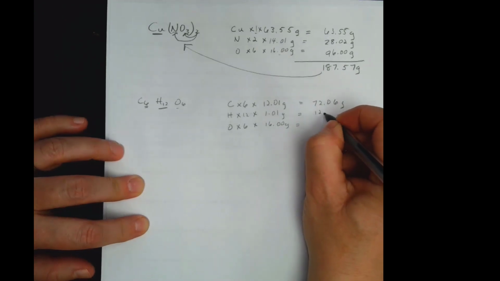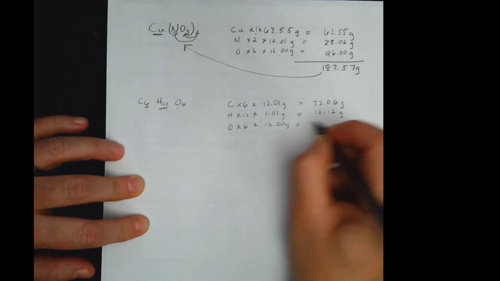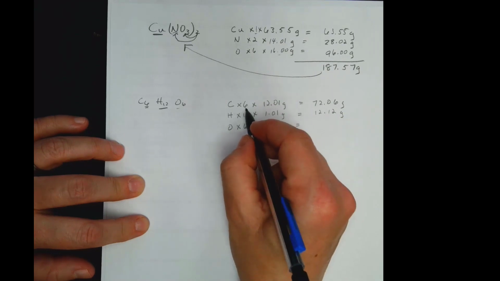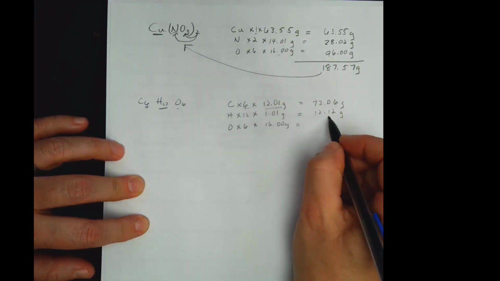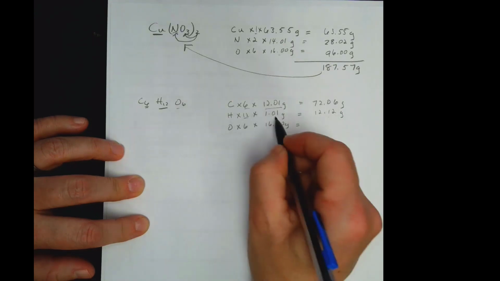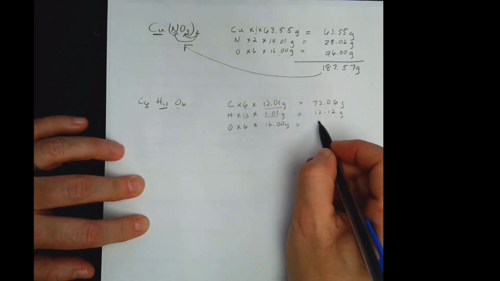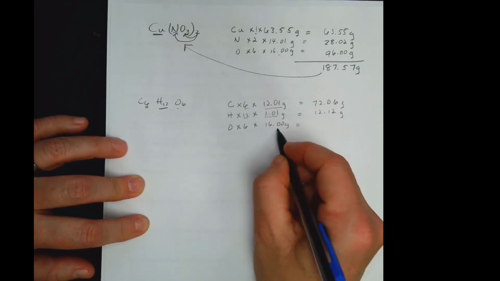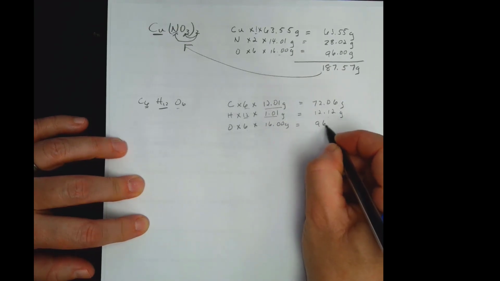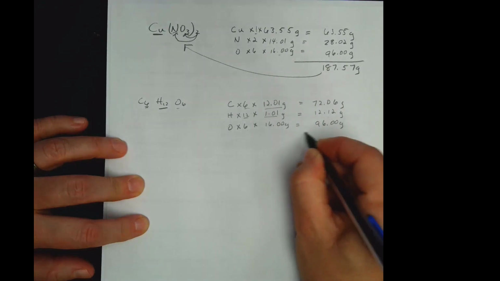I've got 12.12 grams of hydrogen, and that's because for carbon I simply took 6 times 12.01. I get this number right here because I take 12 times 1.01, and by taking 6 times 16, I end up with 96.00 grams.